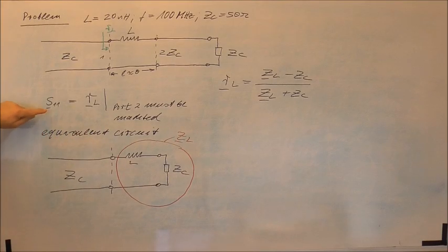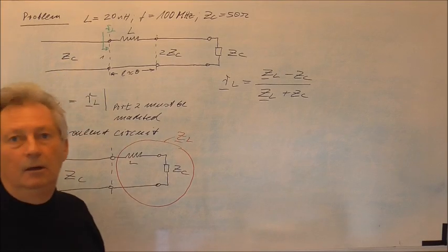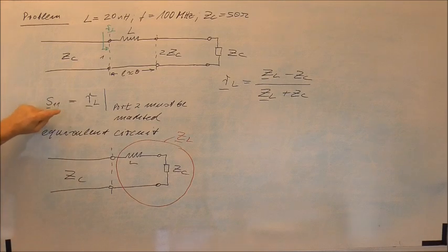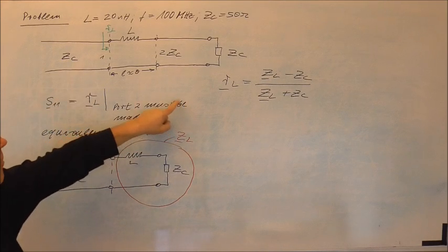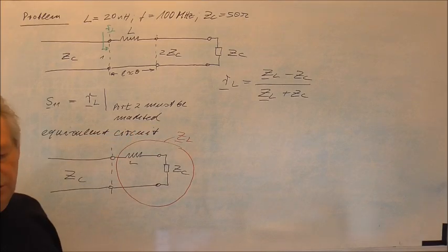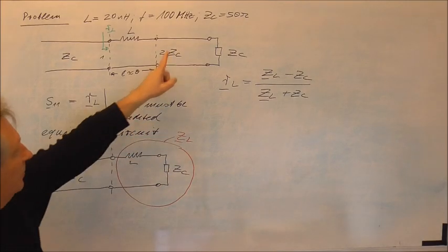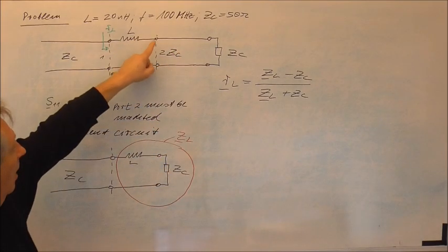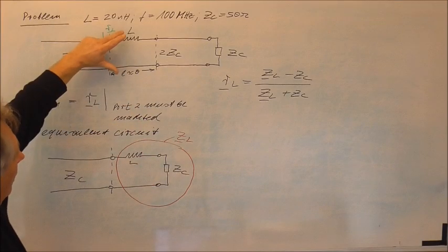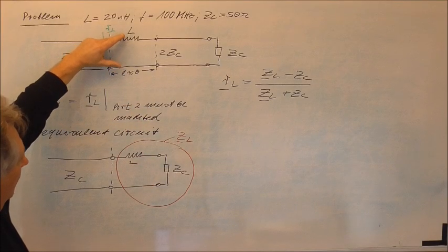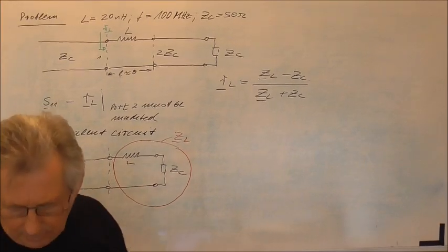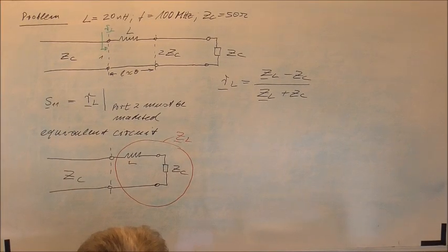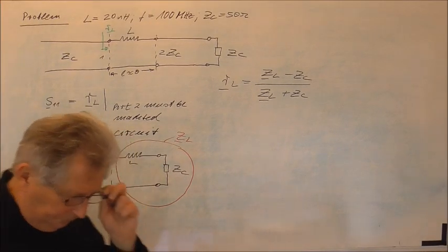Again, very important: S11, if I consider a two-port, is equal to the load reflection coefficient if port 2 is matched. This is very important because this will change now, so we can switch from this to this equivalent circuit. So are there some questions perhaps concerning this step?